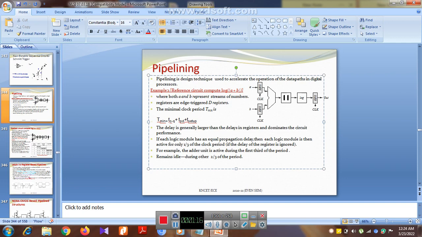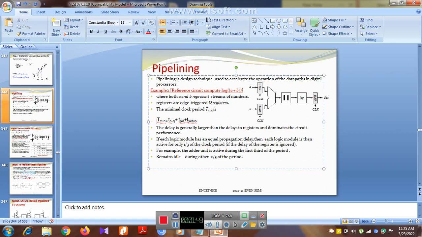In the diagram, there are 2 registers, A and B, which represent the stream of numbers. Here the registers are edge-triggered D registers. So the minimal clock period T min is T C-Q plus T PD plus T setup.